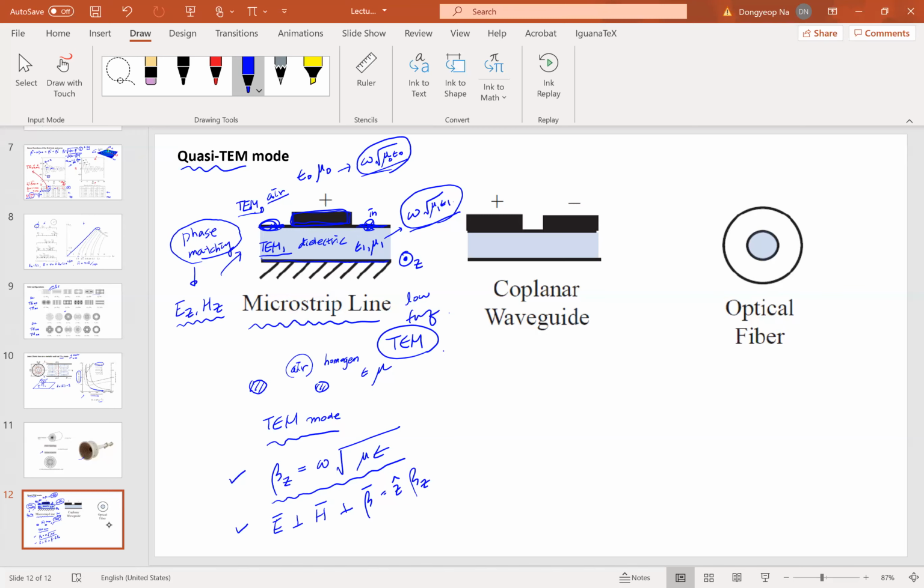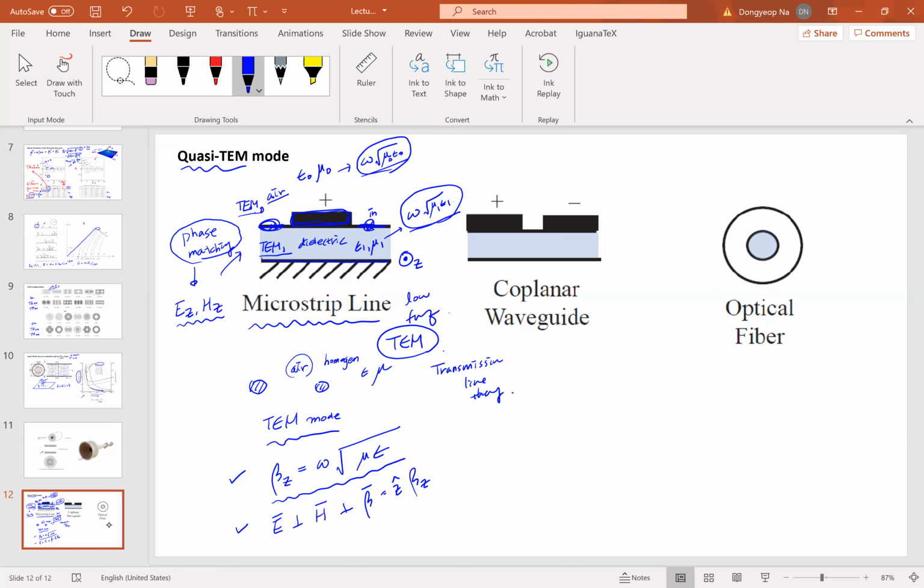And that's why we are using the transmission line theory that we have studied, by defining voltage and current, inductance and capacitance, to study this microstrip line.